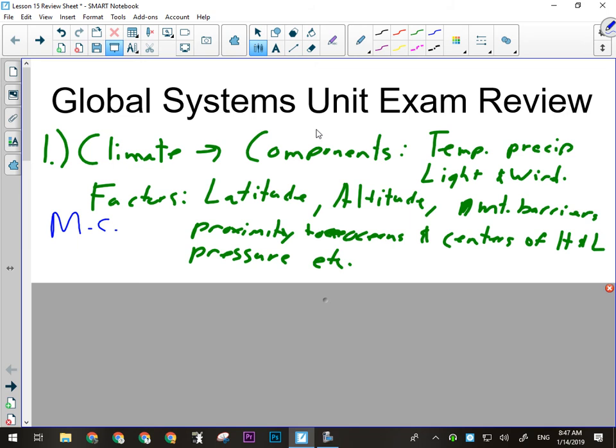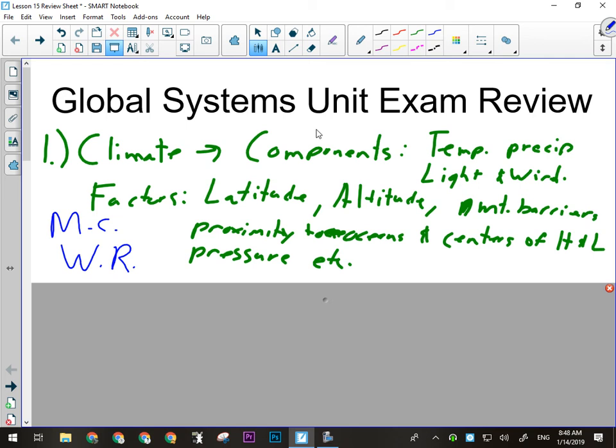But the biggest place where this is going to get tested is in the written response. And the question is going to work like this. I'm going to give you a picture of Canada, and I am going to point to a spot in Canada. And I am going to ask you to describe the climate of that location and then explain to me why you think it is the way it is based on the factors that would affect that place.